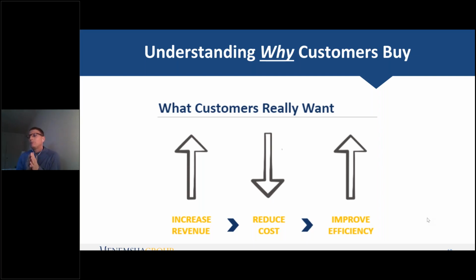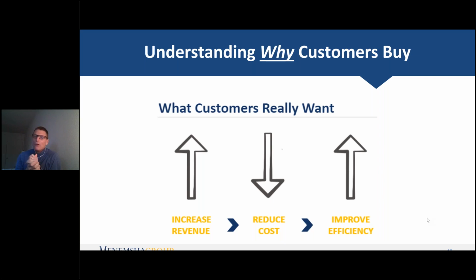So right now, even though your customers have put a freeze on all hiring or all spending, they still have goals that they're trying to achieve. They still have products and services that they need to deliver to their customers. They still have service level agreements that they must meet.